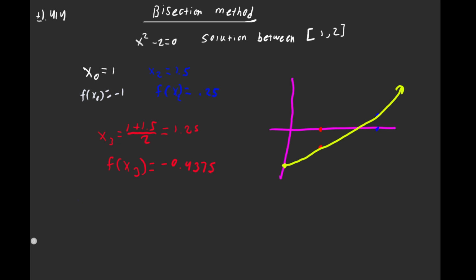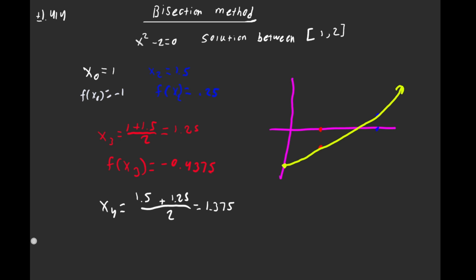and by doing so we get x sub 4. We will have x sub 4 is equal to 1.5 plus 1.25 divided by 2, which is 1.375.